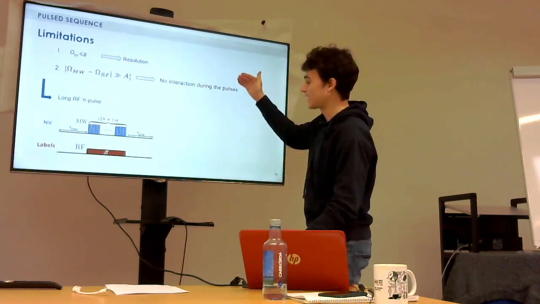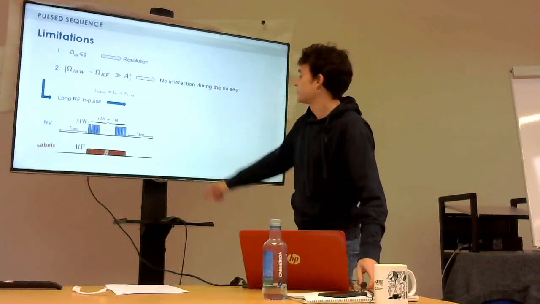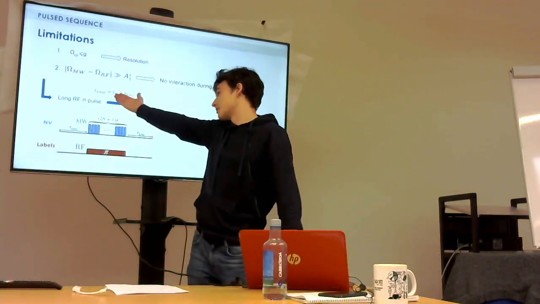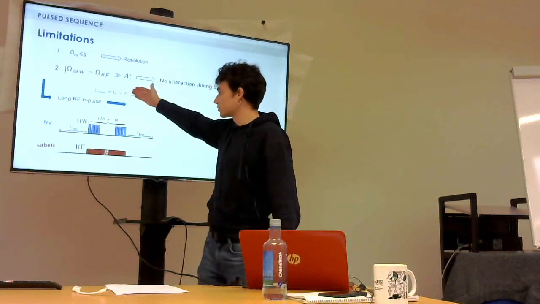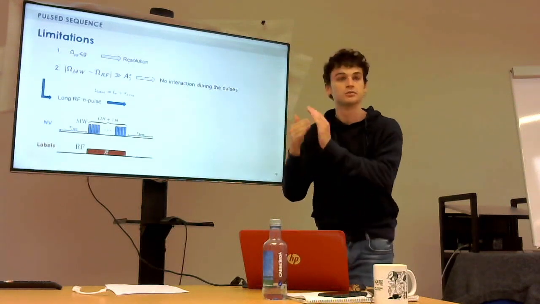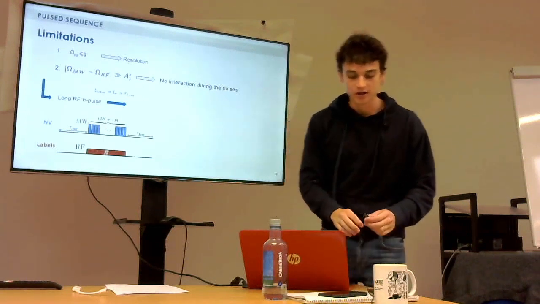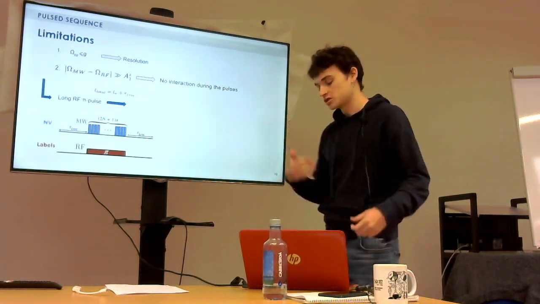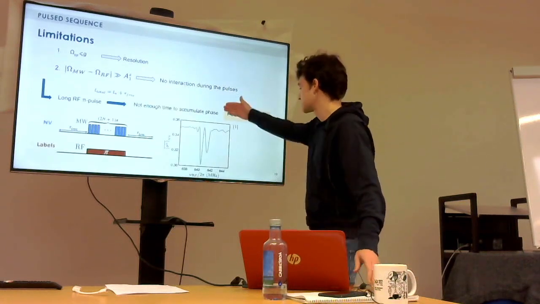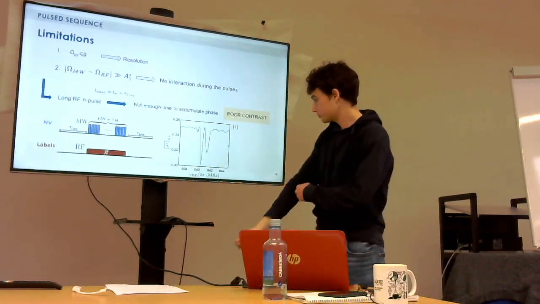But the fact of having a long radio frequency pulse means, if you recall the relation with the times, that the duration of the pi pulse will be long, and thus the duration of the free evolution time will be small. This period will be short, and this means that we will accumulate a really little amount of phase, which in the end reduces to poor contrast when we do the plot that I just showed you, right?